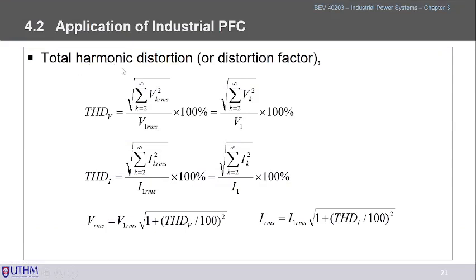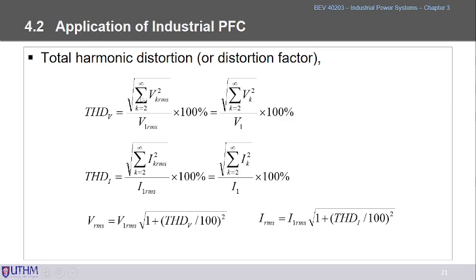And then the total harmonic distortion, or the distortion factor. Okay, so the THD for the voltage, and the THD for the current. How it is calculated is that we take the square root of the summation of V squared, where this time k starts from 2.